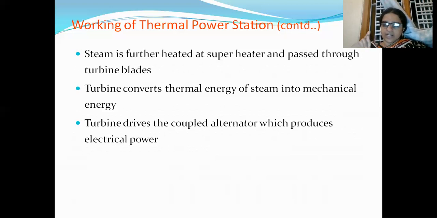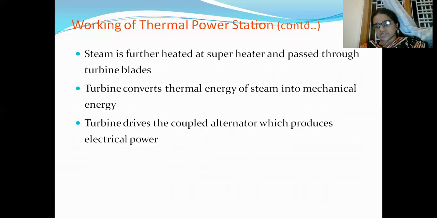So in order to get mechanical energy as input for the alternator, we need to connect a turbine between the superheater and the alternator. This turbine converts steam energy into mechanical energy, and the alternator converts mechanical energy into electrical energy.